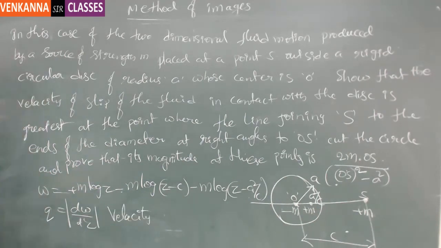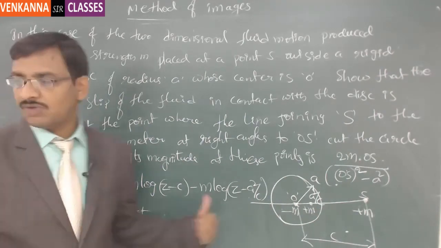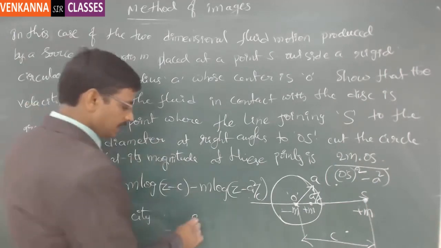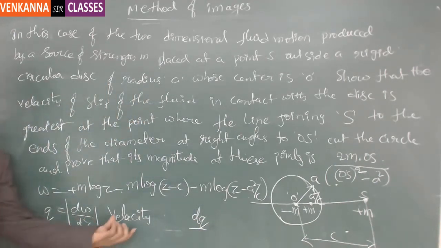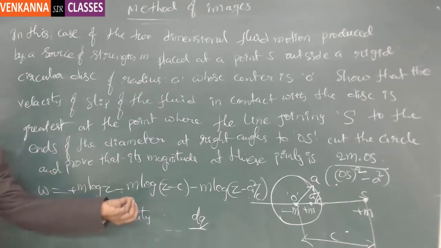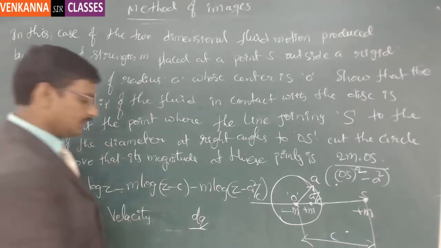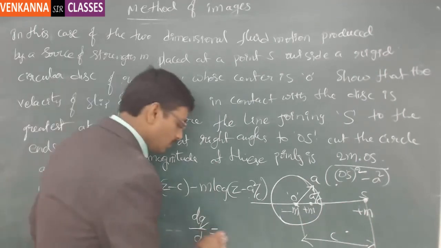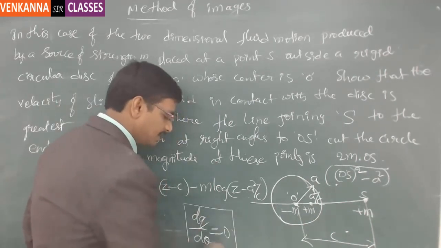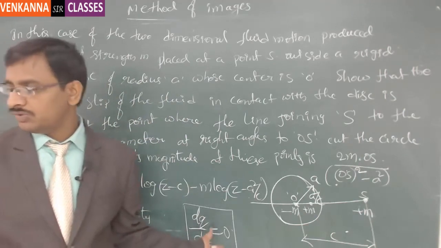Now, to find the maximum value of the velocity, you can convert dW by dz into the polar format, with r or theta, whichever is convenient. There you need to take the derivative. In this case it will be dq by d theta equal to 0, and then find the condition for dq by d theta equal to 0.